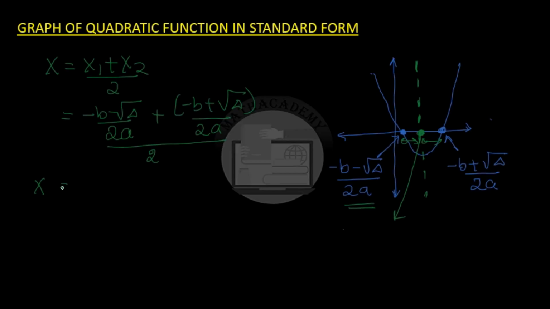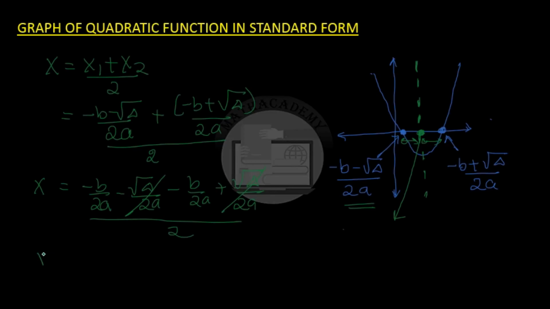So x comes as minus b over 2a minus root of delta over 2a, minus b over 2a plus root of delta over 2a, whole upon 2. This cancels off, so we are left with minus 2b over 2a whole upon 2. This 2 and 2 go off, so we are left with negative b over 2a. So this is our second property of the graph.